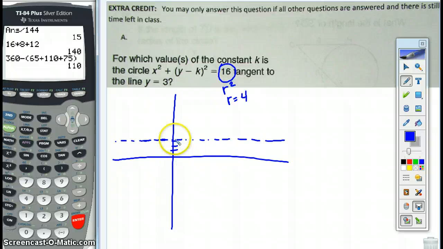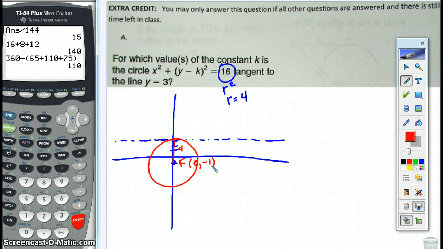So you can see I can count here if I want a tangent. 1, 2, 3, and then at -1, I'm going to come down. And we know that the x value is 0 because it doesn't have an h value. So we're going to go draw that in. And that has a radius there of 4. And that value there is 0, -1.